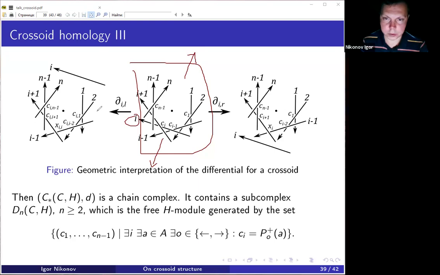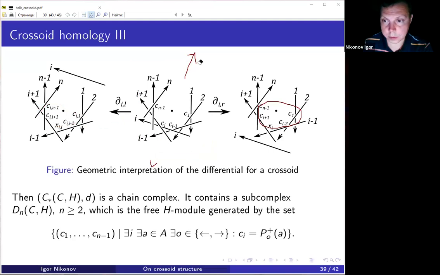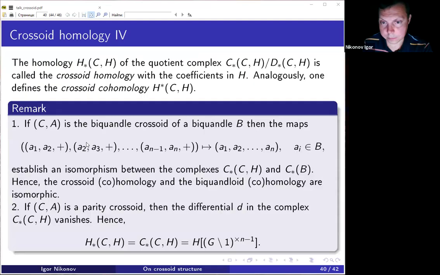And we have two different configurations, and using the polygon maps, we can express the colors of the new crossings through colors of the old crossings, and this sequence will be the differential. So we take this sequence of these crossings minus the sequence of these crossings, and the sum for all arcs i, and this will give us a cubic or semi-cubic object and the corresponding differential. And a crossoid cocycle is just a cocycle in this complex. So we have an analog of the cocycle invariant for crossoids.